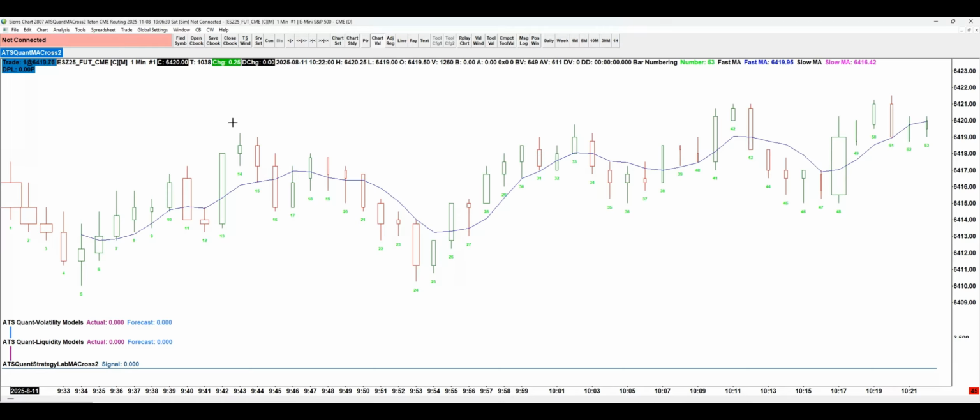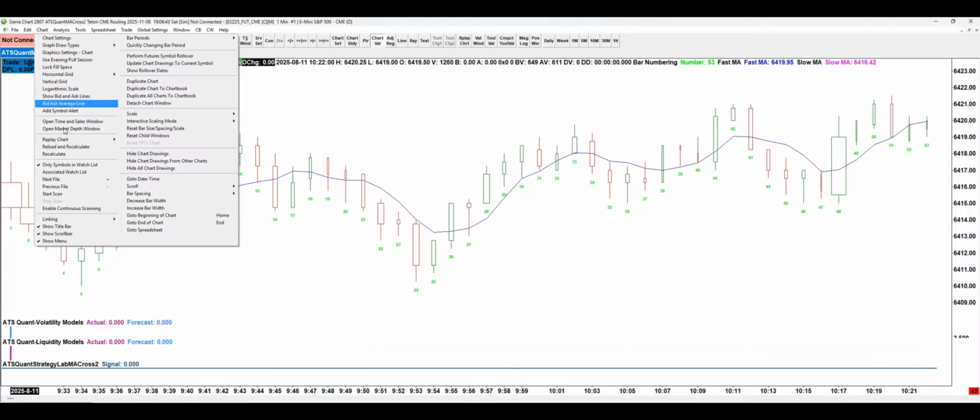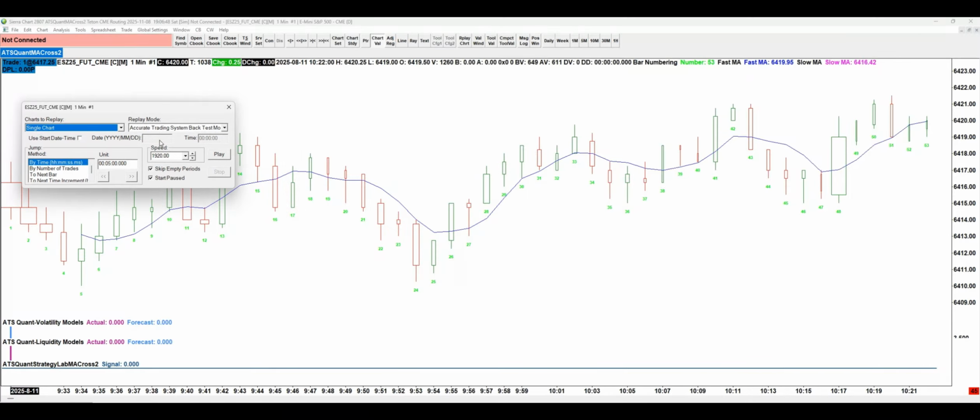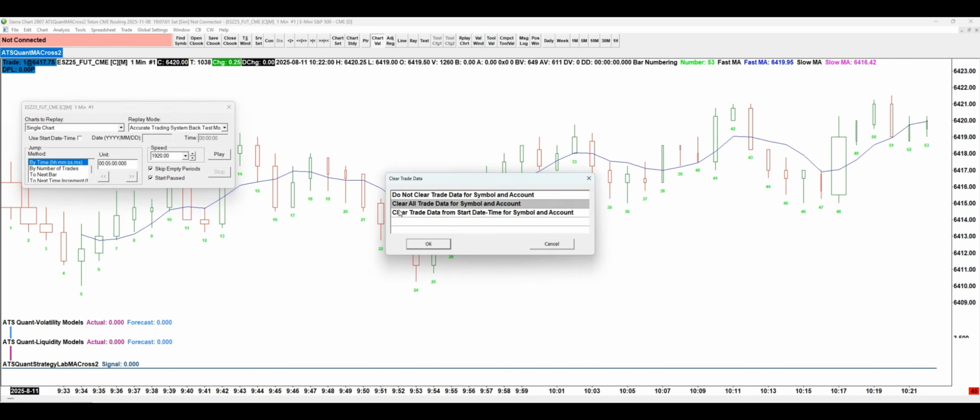So the next thing that we want to do is pull up our control panel. We just go to chart, down to replay chart, and over to control panel. That will populate our backtest control panel. We do want to leave it at single chart because we're only replaying this chart, and we want to make sure our replay mode is accurate trading system backtest. We simply click play here, and we do want to clear all trade data for symbol and account.